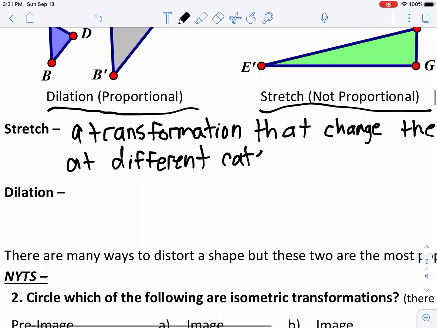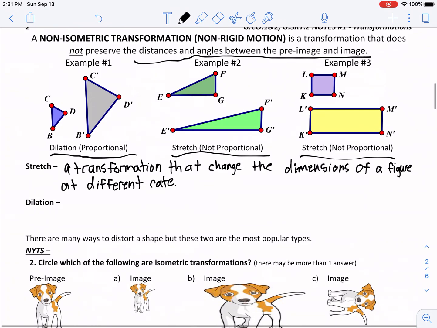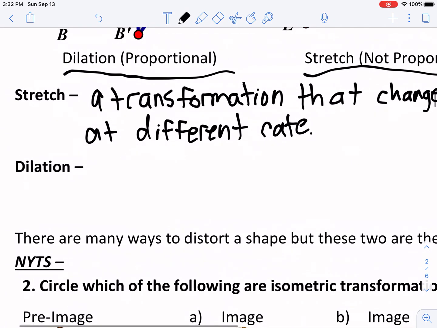Like I said, even though it doesn't maintain the size, it also doesn't maintain the shape. So it doesn't maintain either quality there. A dilation, however, does change it at the same rate, so it maintains its shape at least.